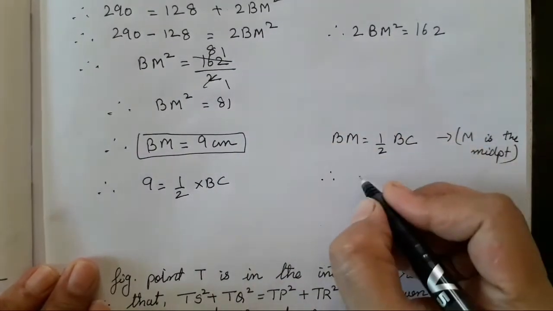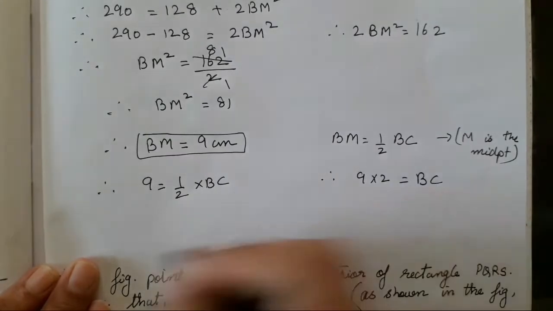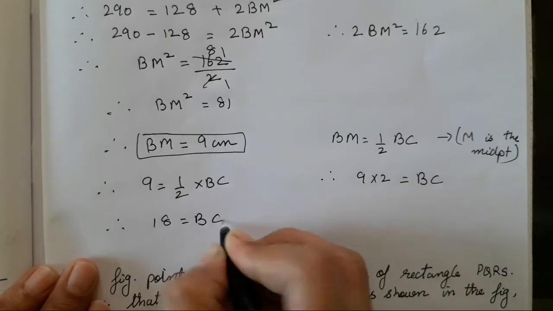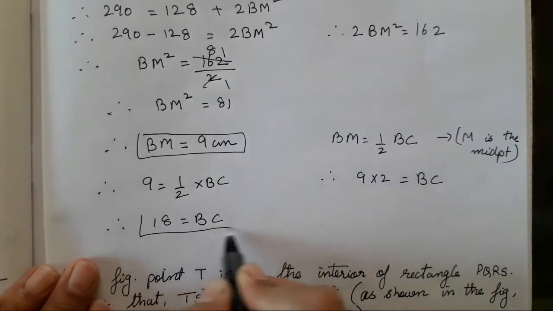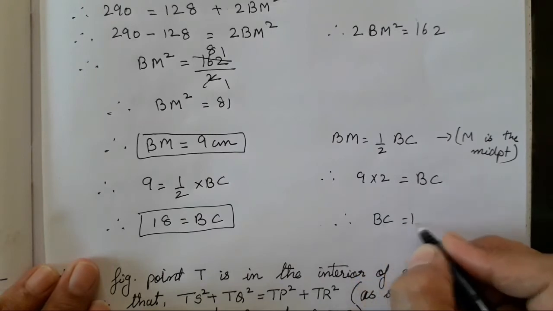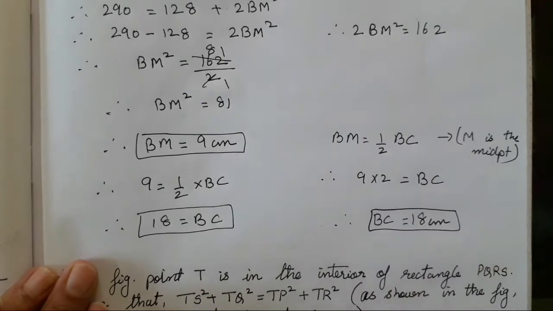Change its place, that is 9 into 2 is equal to BC. Therefore, 9 2s are 18 is equal to BC. Got it? So you have got your answer. This looks reversed, so you can write it correctly. That is 18 centimeter is supposed to be your BC.